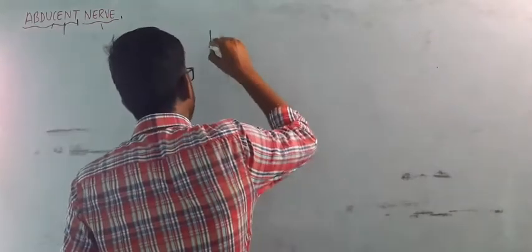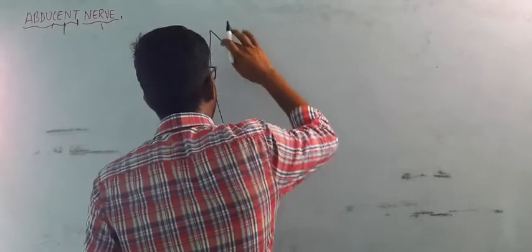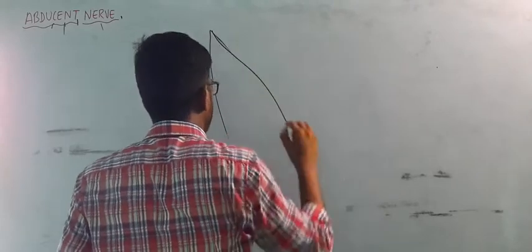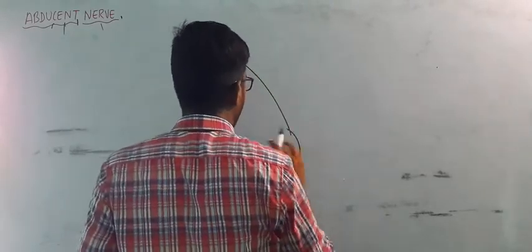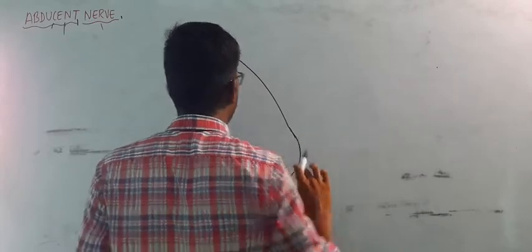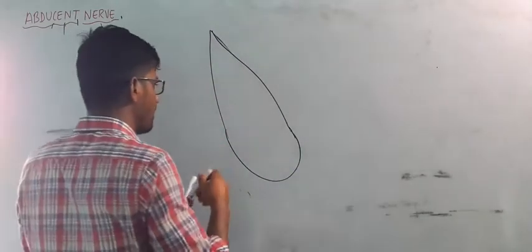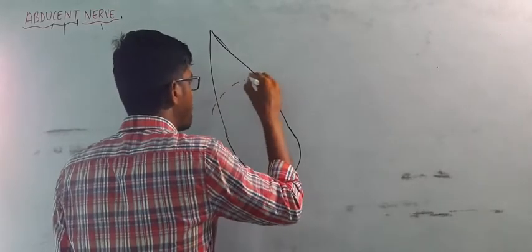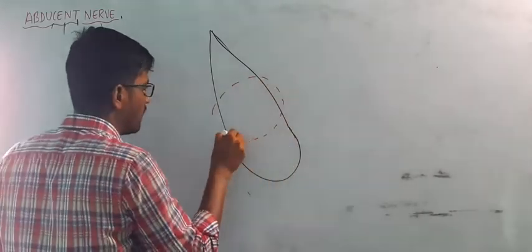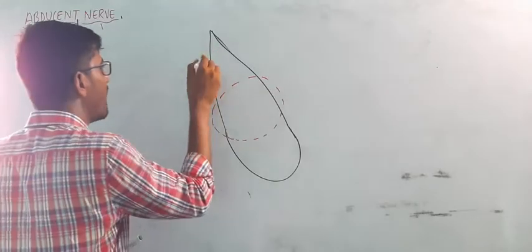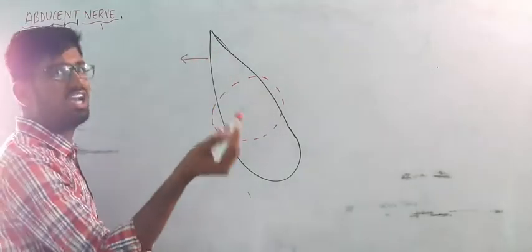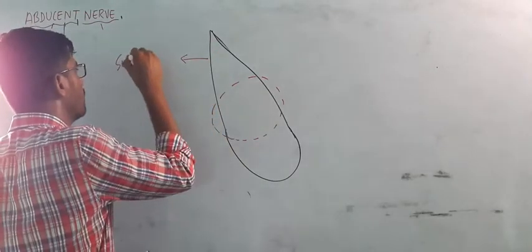Let me draw one diagram. Suppose this is the superior orbital fissure. Here will be your tendinous ring. So this part is what? The supralateral compartment, right?